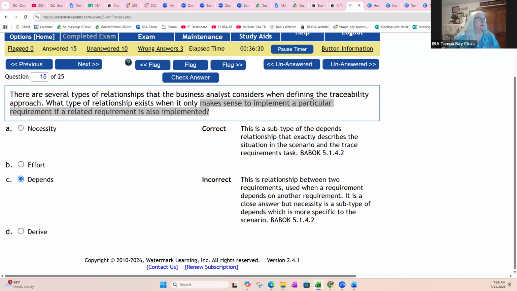So we are in analyze potential value and recommend solution. Maybe we're not. Let me find it. I'm looking for the wrong word here, guys. I'm sorry. Let me look up necessity.